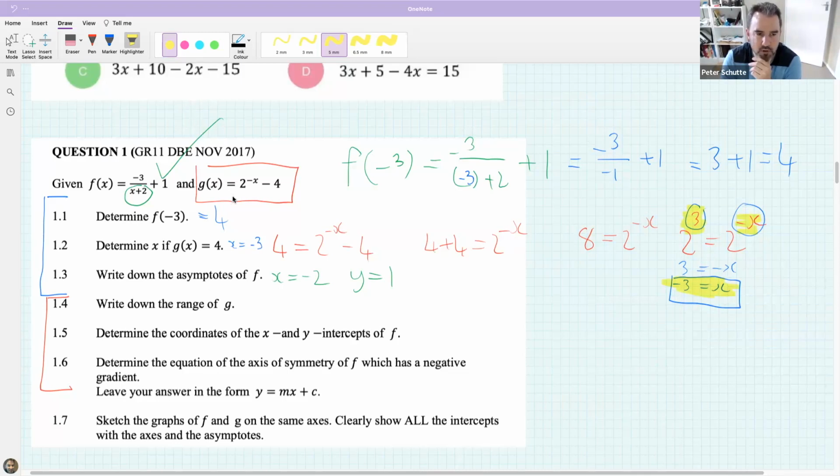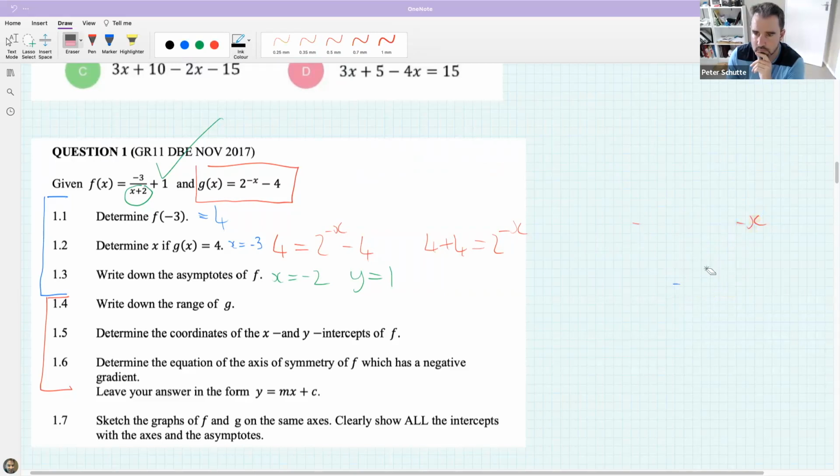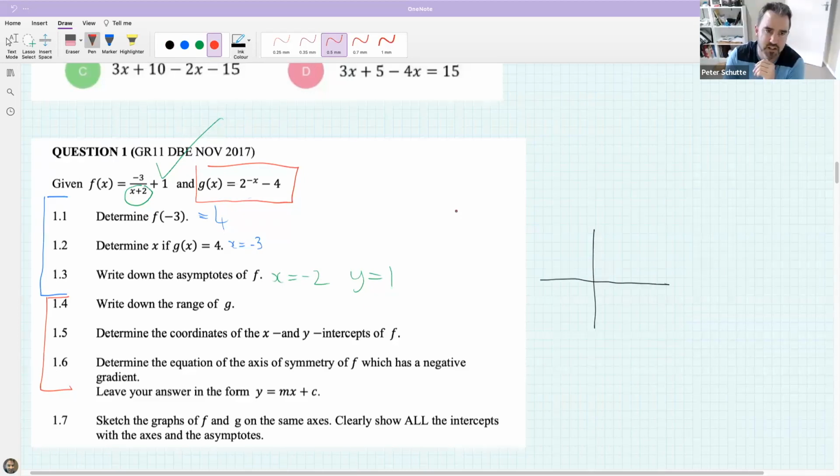Now 1.4 also deals with g here, the function g. So g is an exponential function. And if I imagine this exponential function, there is an asymptote at -4.